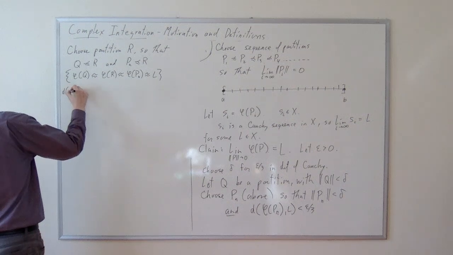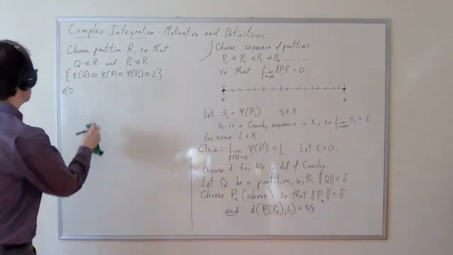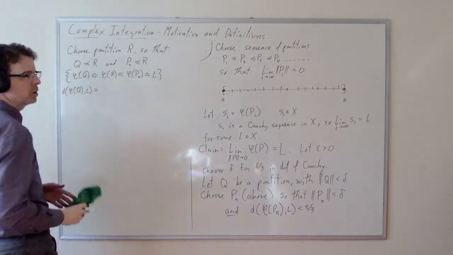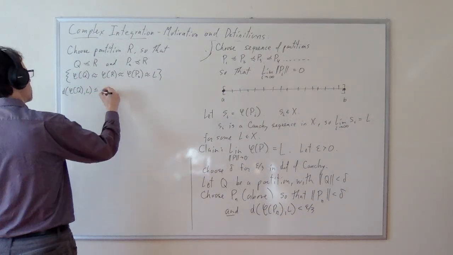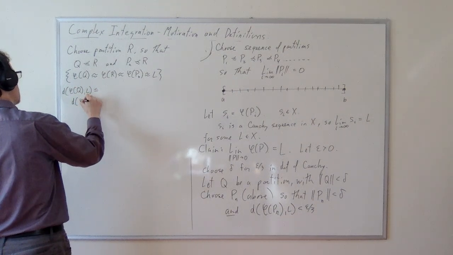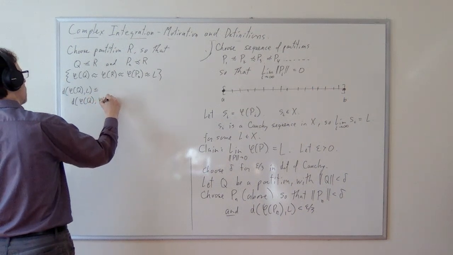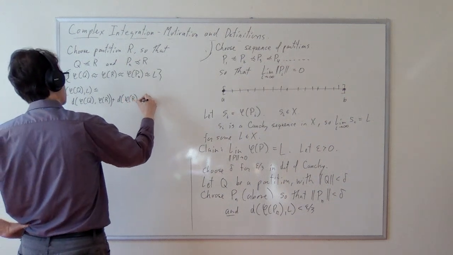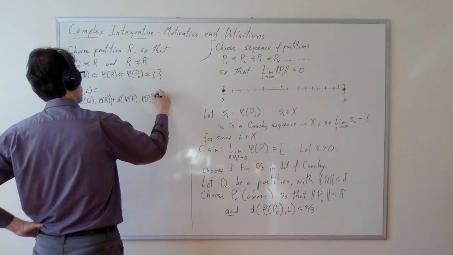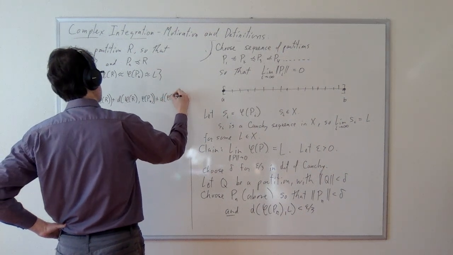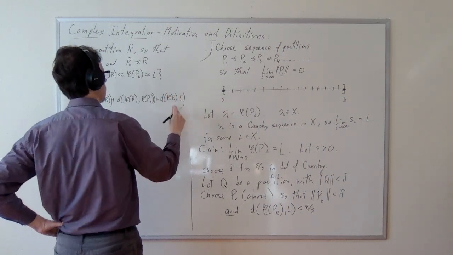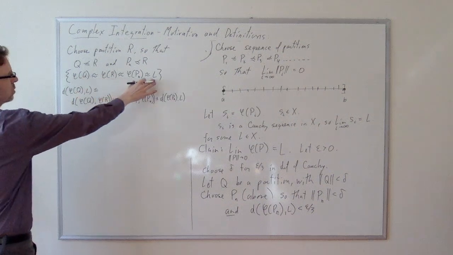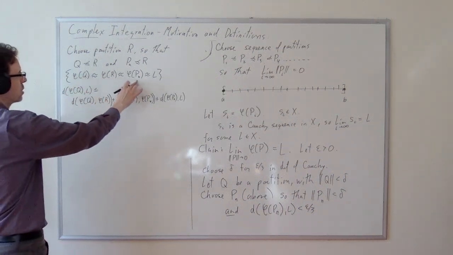The distance between phi of Q and L is going to be less than or equal to, and now we're going to do the obvious triangle inequality, the distance between phi of Q and phi of R, plus the distance between phi of R and phi of Pn, plus the distance between phi of Pn and L. So that's the triangle inequality that expresses what I mean by all these approximations.